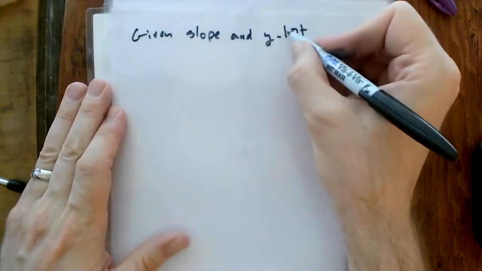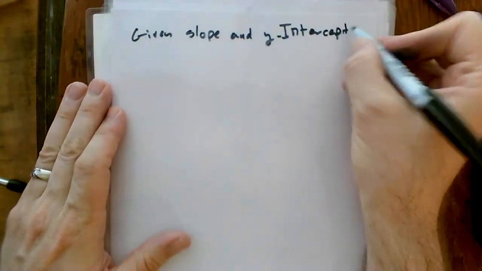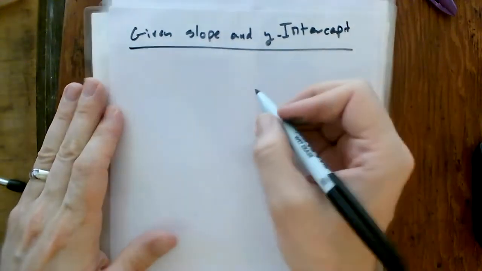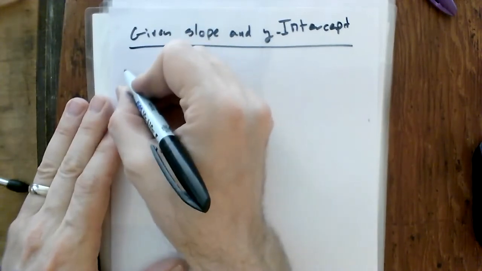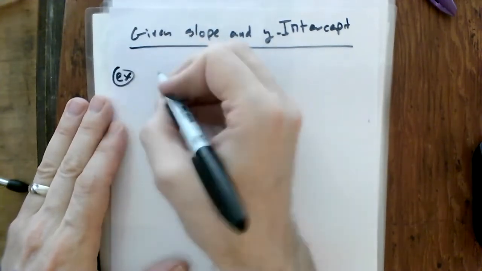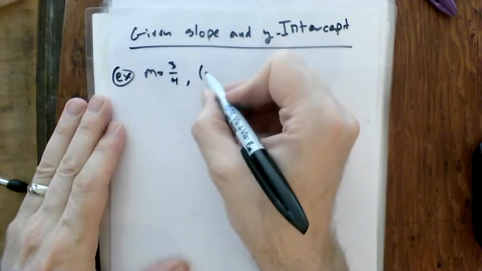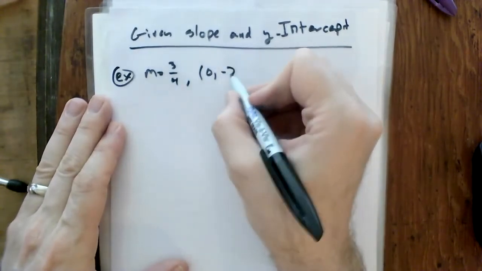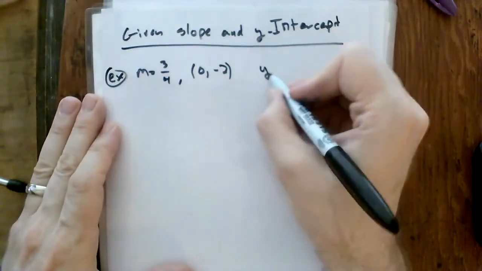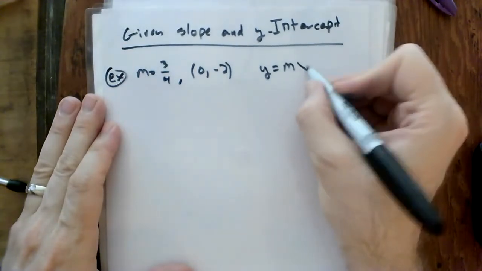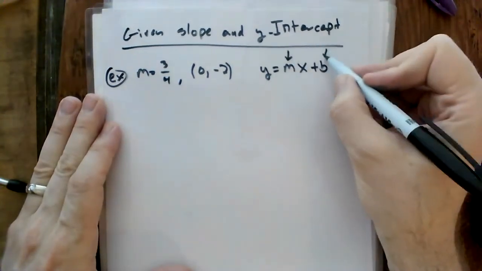So say my first example here: I'm given that my slope is equal to 3/4, and I've got a point of 0, -2. All we're doing every single time is plugging into y is equal to mx plus b. We're literally just plugging in these two pieces of information.